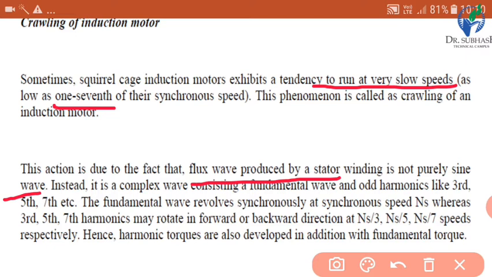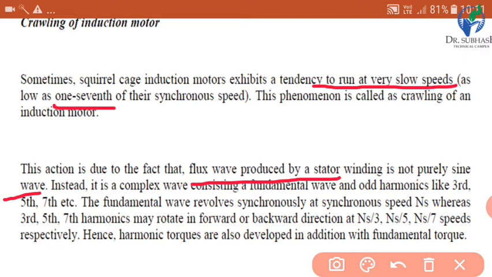We know that whenever we give a three-phase supply to the stator, flux is generated in the rotor, and this flux is not a purely sine wave.